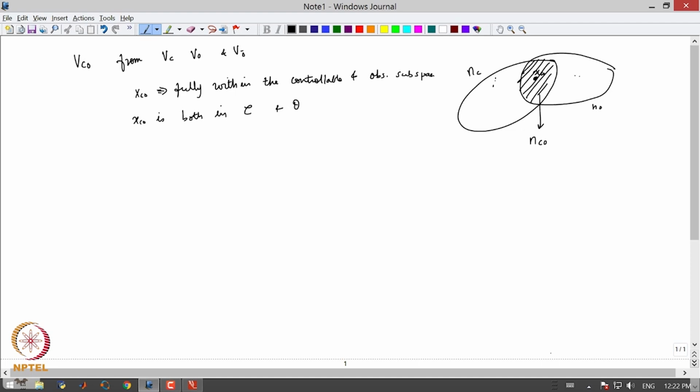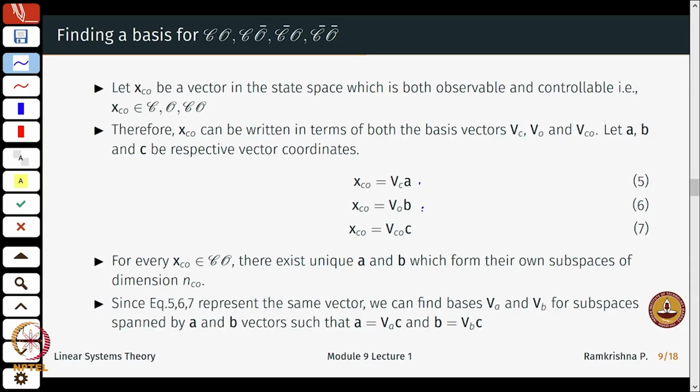And because it is in both, it can be expressed as a linear combination, let us say I call this xc and I call this xo, of the basis vectors of the controllable subspace xc and the observable subspace xo, which means that this xc naught can be written as. We will just try to derive these three expressions.